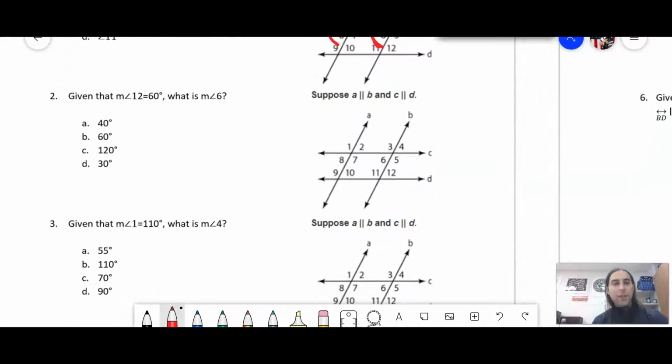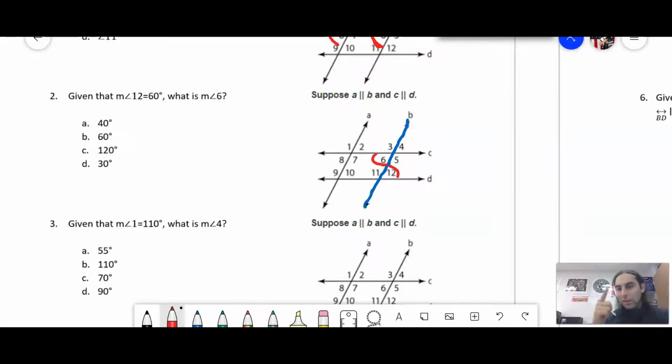Number 2, given that the measure of angle 12 is 60 degrees, what is the measure of angle 6? So 12 is right here, right? Once again, my transversal is this line that cuts through the two parallel lines, so my blue line is my transversal. If 12 is 60 degrees, what is angle 6? Angle 6 is right here.